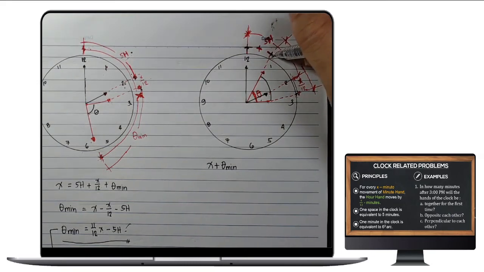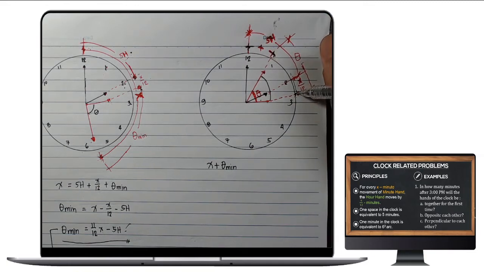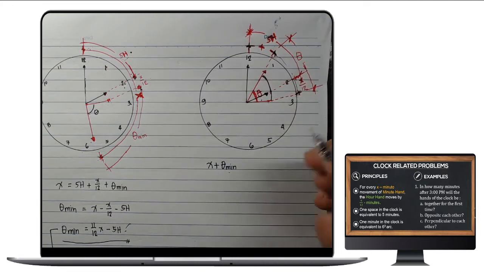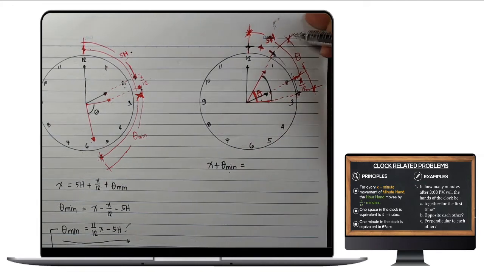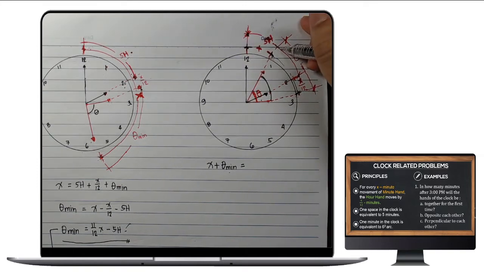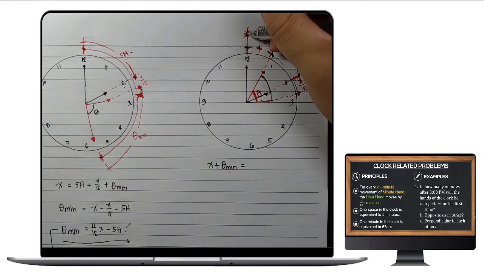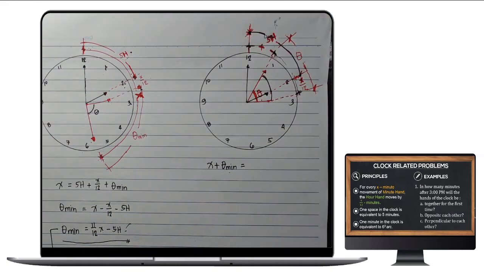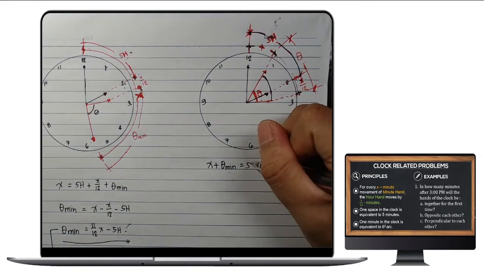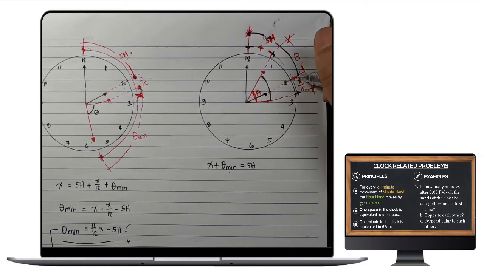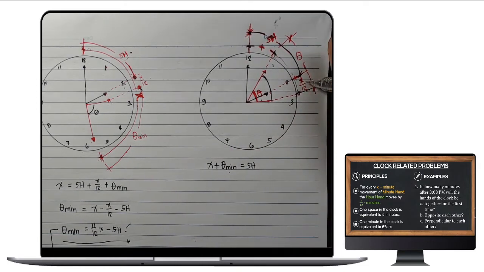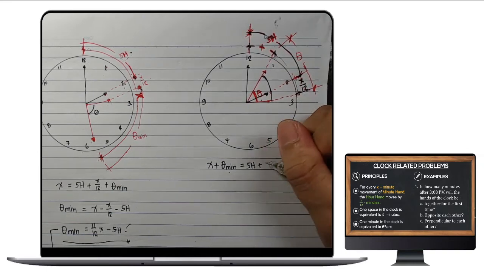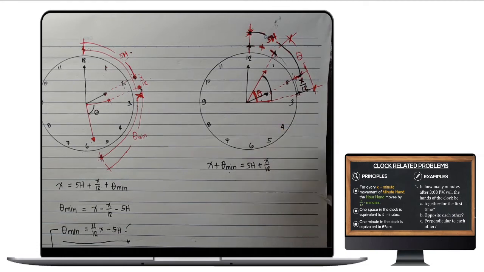Then, from this point going to the last point, itong malaking to, that is simply theta. Equal yan kay 5h. Then, yung kaputol niya, from this point hanggang doon din sa kabilang dulo, that is x over 12. So, that is 5h plus x over 12.